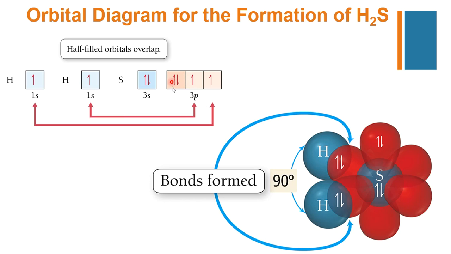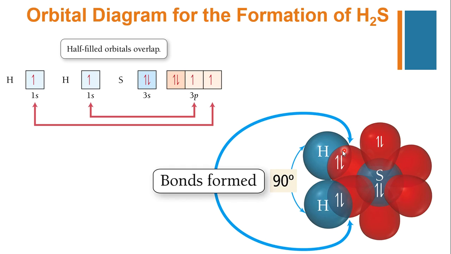One of the p orbitals was already full, so it had 2 electrons in it, and that must have been the up and down orbital here. So up and down orbital, we've got 2 electrons in there. These guys were half filled, so the left and the right, and the coming out at us, going back into the screen, were half filled. They overlapped with a hydrogen atom to create a bond.